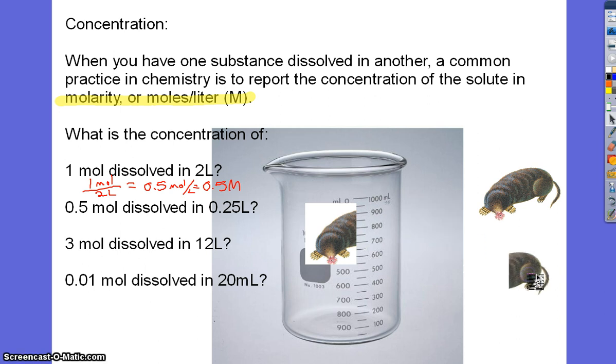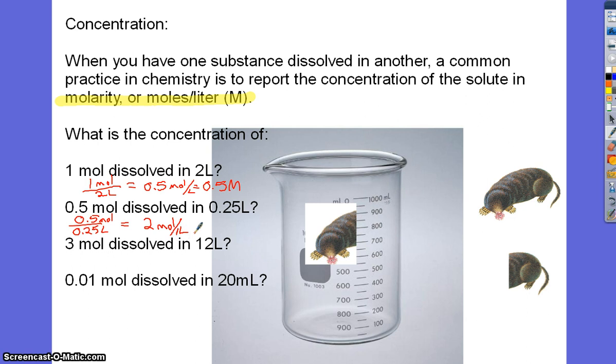Okay. Next one asks, what if I have a half mole dissolved in 0.25 liters? Okay, so I take 0.5 moles divided by 0.25 liters to find out what that is. That would be the same thing as 2 moles per 1 liter.